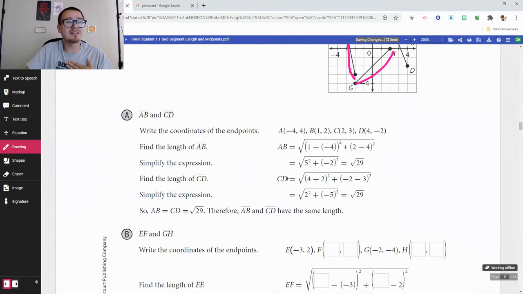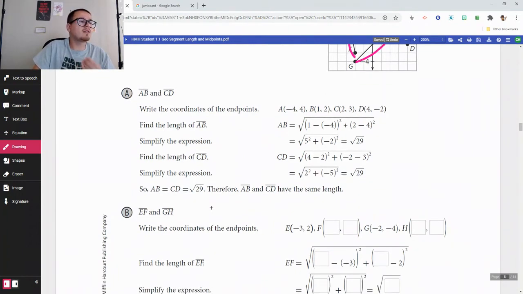I personally always label mine, so I would have written x1, y1, x2, y2 for each one. They find the length of line segment AB. They find the length of line segment CD. So they're doing 2 in 1. Don't get confused. They're finding one length, and then they're finding another length. All right? Again, pause if you start getting confused.